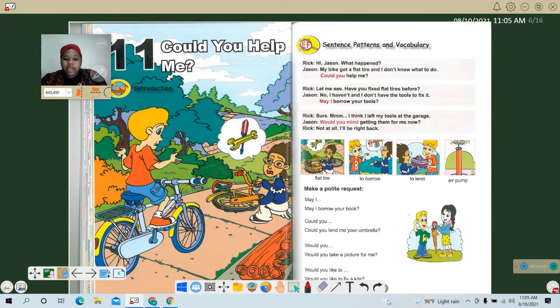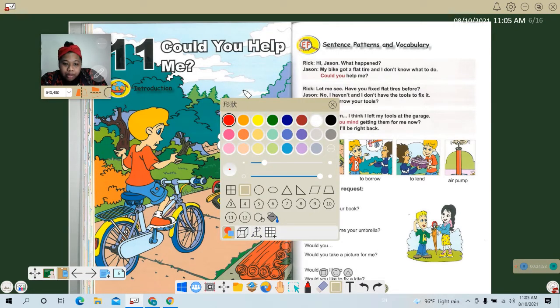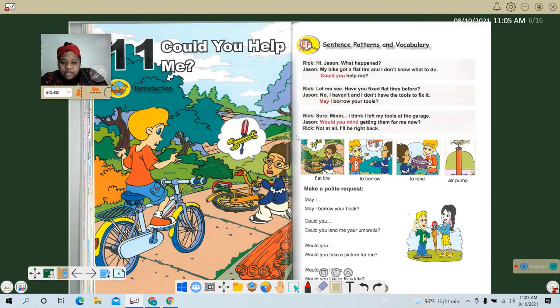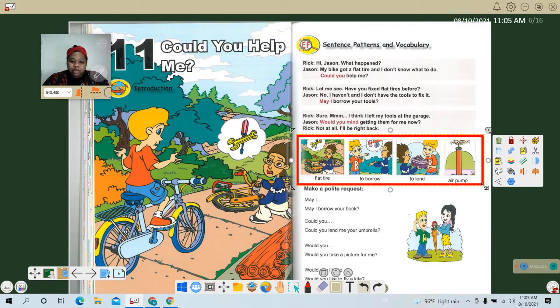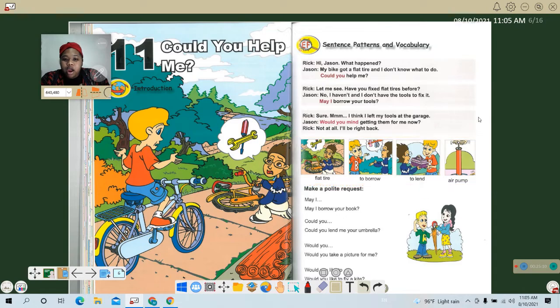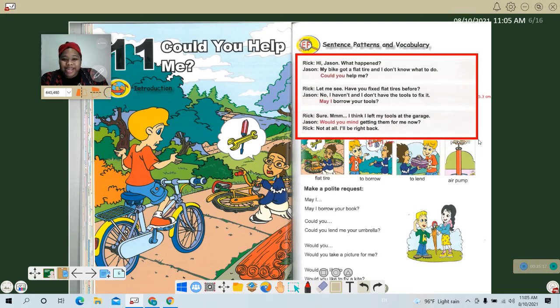Okay, so here, as I said, on page 62 we only have 1 to 4. And then we can see the pictures. So here are different pictures about the vocabulary. Now here are other questions that you can ask other people if you need help.